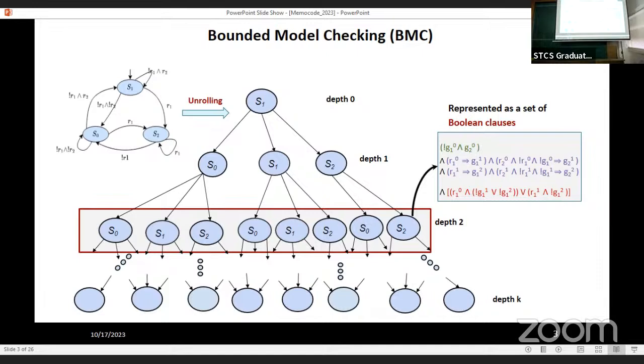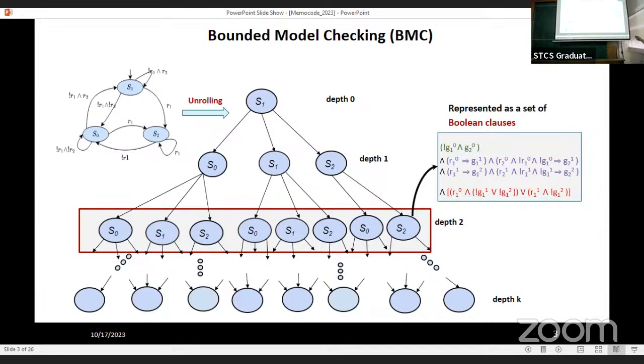Now the crux of this talk and this work is how does bounded model checking work? Essentially, how does it conclude that there is no counterexample up to this depth, or how does it get a counterexample at this depth? Very simply, it takes this big Boolean formula and feeds it to a SAT solver. So what does the SAT solver get?